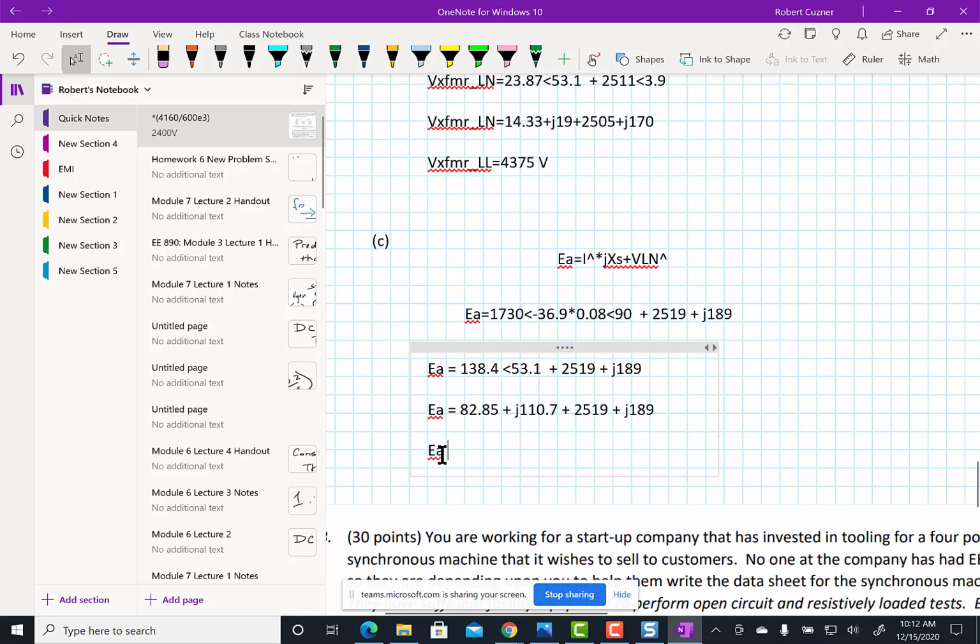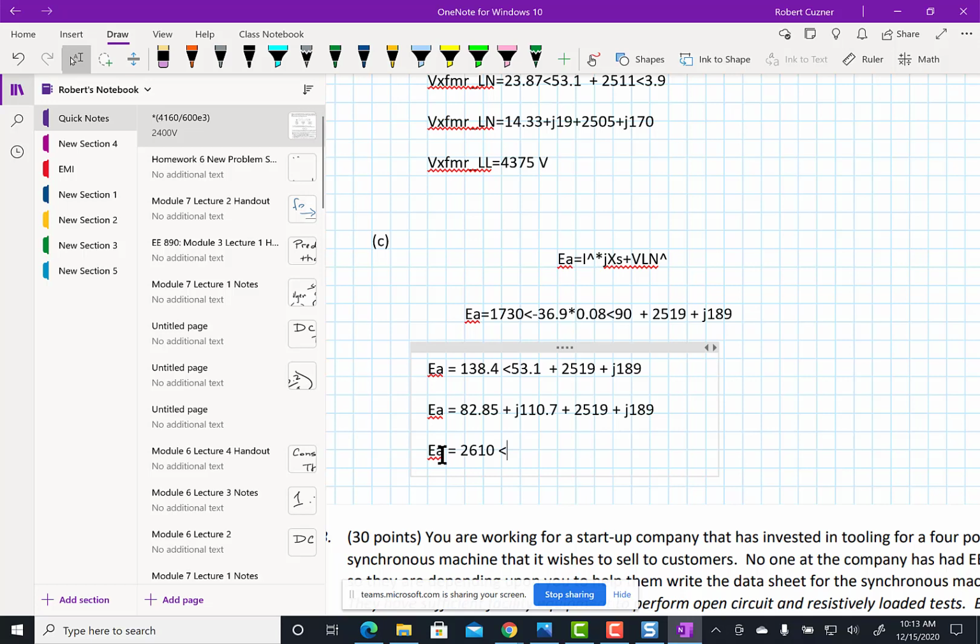And then the final answer is to convert it to polar again. So it's approximately 2610, with a positive angle. It's a generator. I know I should have a positive angle, and I do.